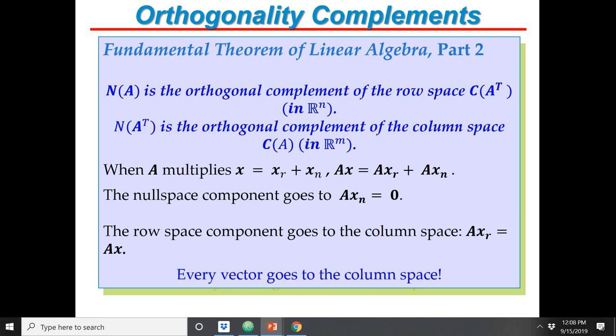Okay, you remember A times x, what is it? It's a combination of the columns of A. So the only thing we need here is the xr component. So effectively we have a way to move things from the row space to the column space.